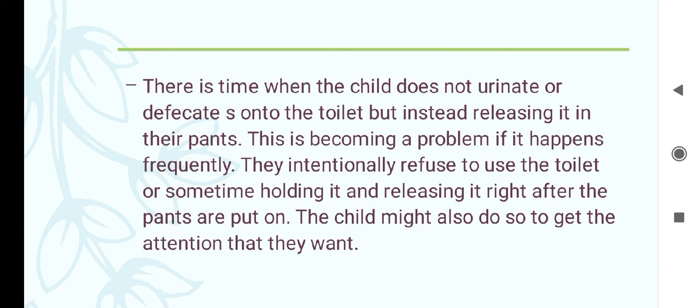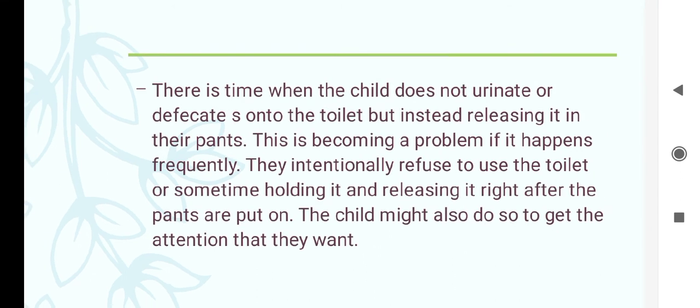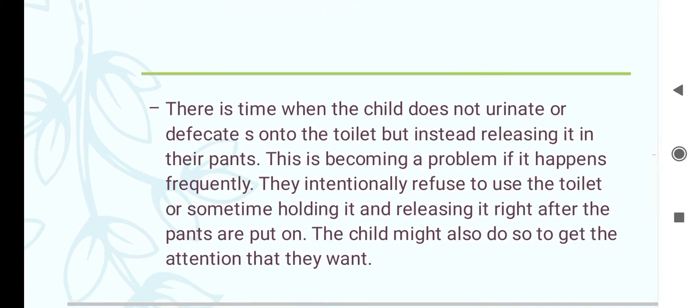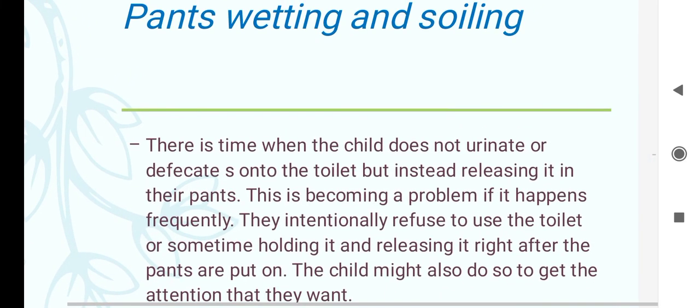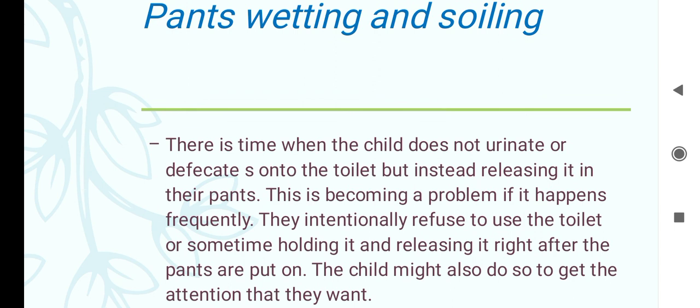Dia sengaja untuk mendapatkan perhatian. So normally these happen due to parenting style being ineffective. So problem ini berlaku bermula daripada rumah and then membawa ke sekolah.